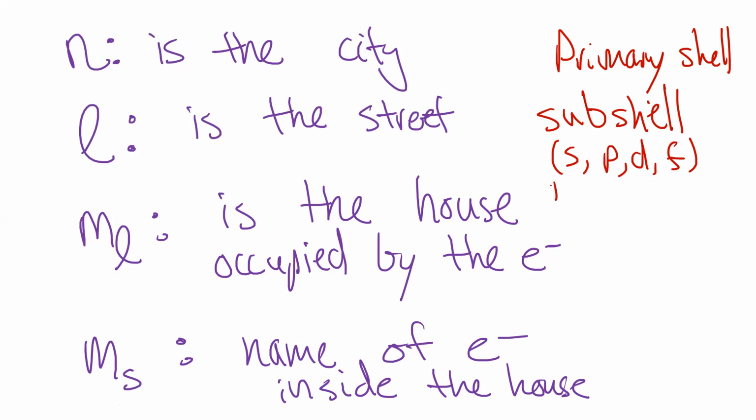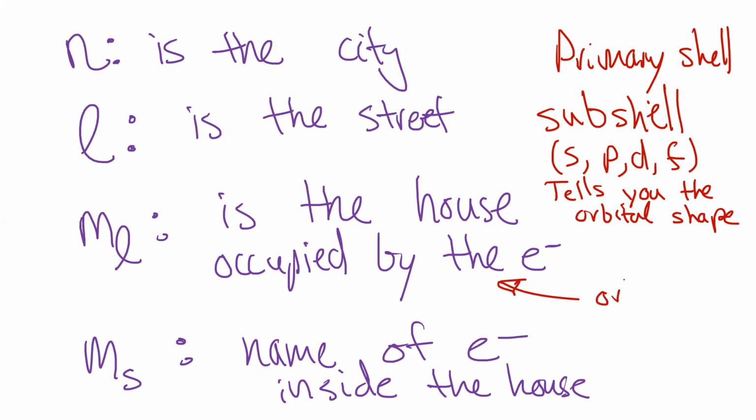The subshell also tells you the orbital shape, and the house, M sub L, is the actual orbital, and these are the spin.